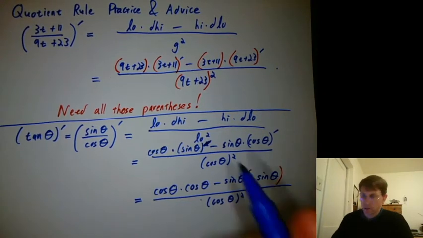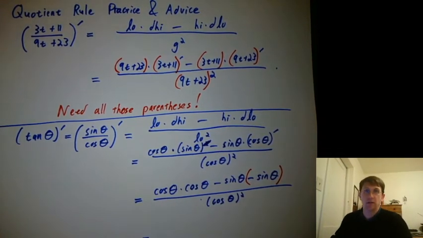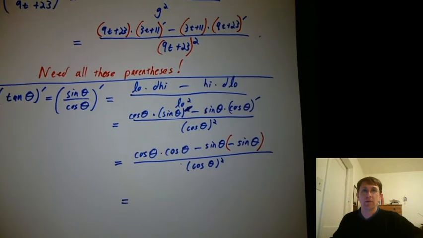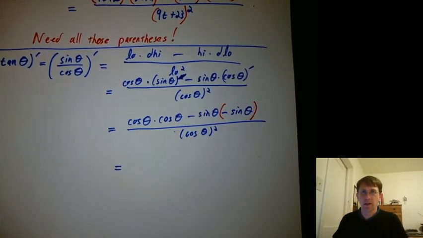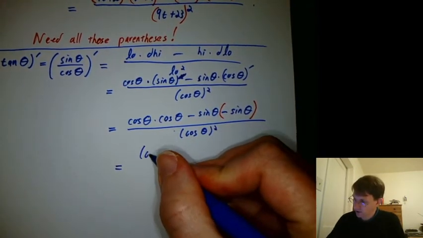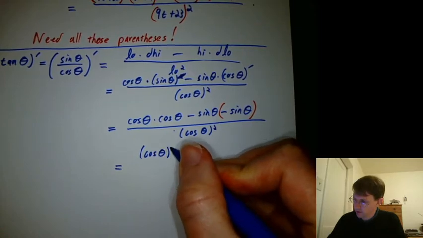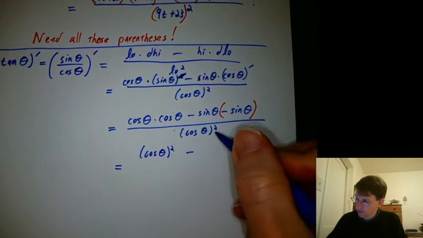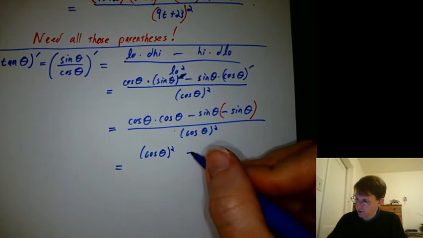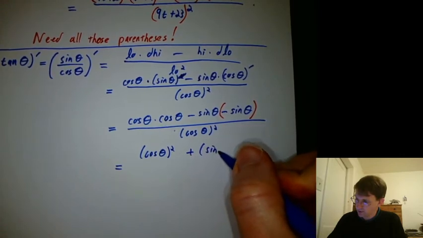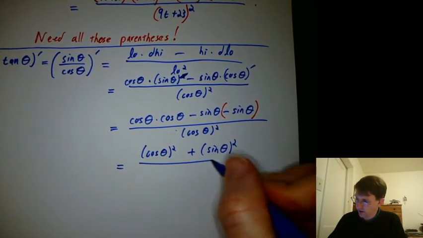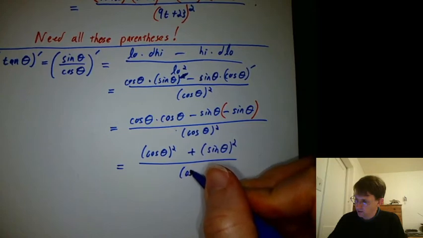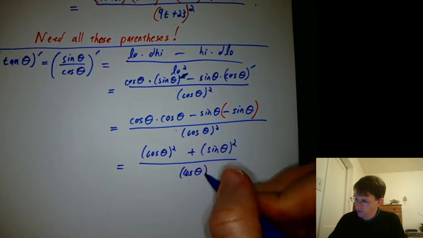All right. So in this one, it helps to simplify because that's a lot to write out. So we're getting cosine theta squared minus, we've got two minuses, plus sine theta squared, over cosine theta squared.